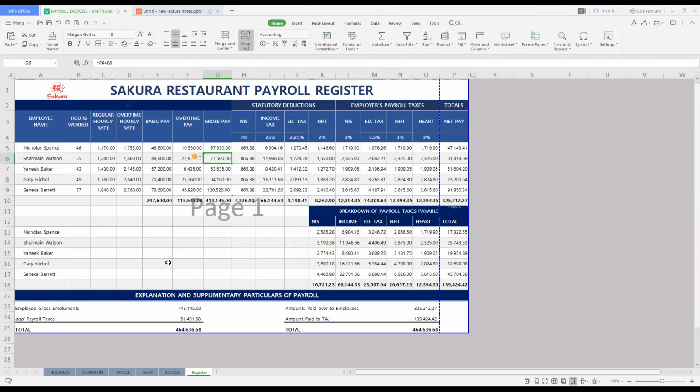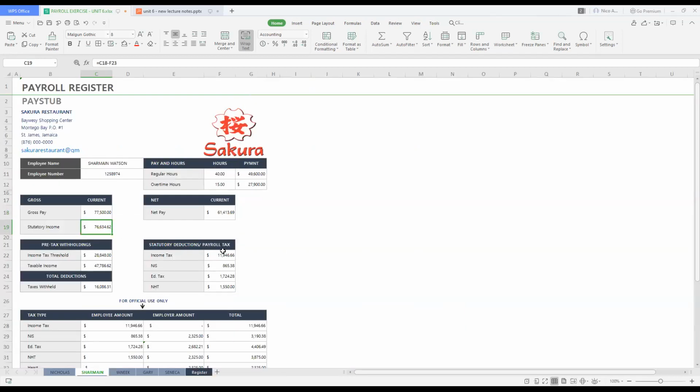We had already worked out that the NIS is $865.38. So we're going to take the 865.38 away from the 77,500 to get the statutory income. And so the statutory income is $76,634.62.